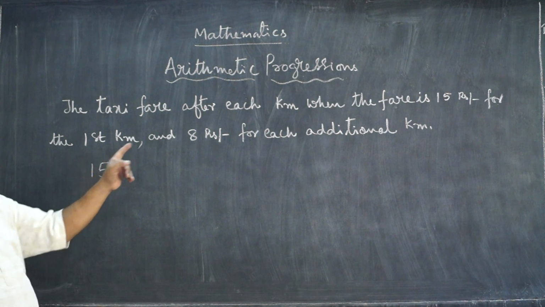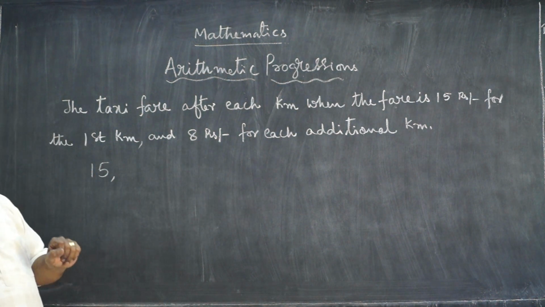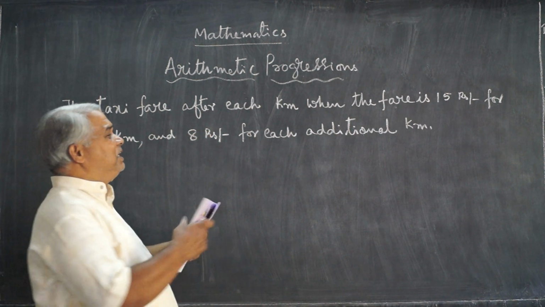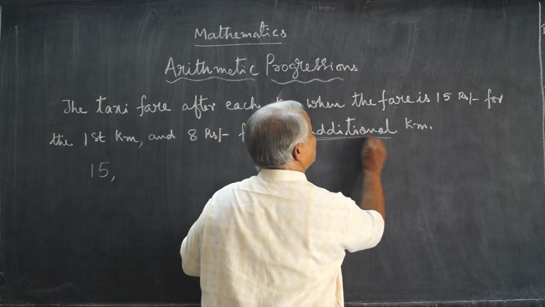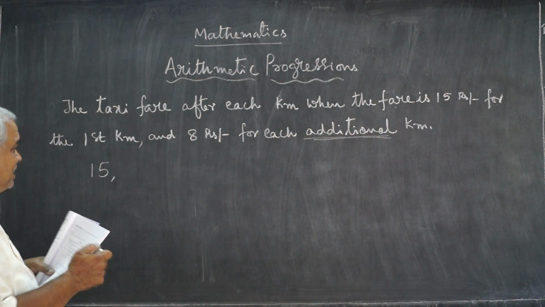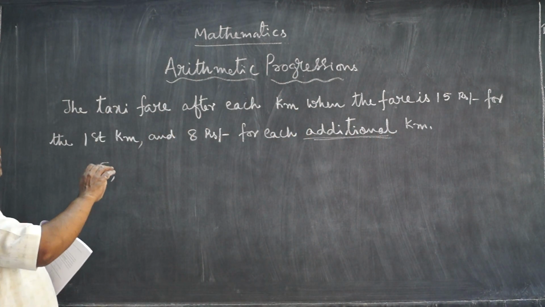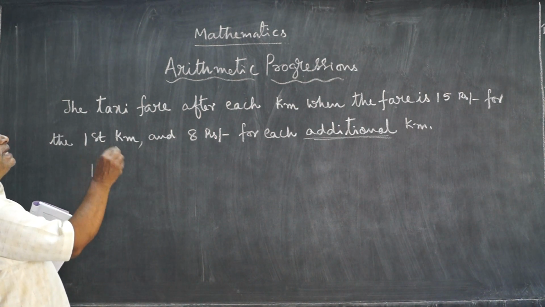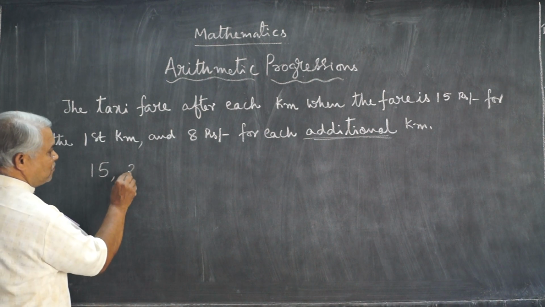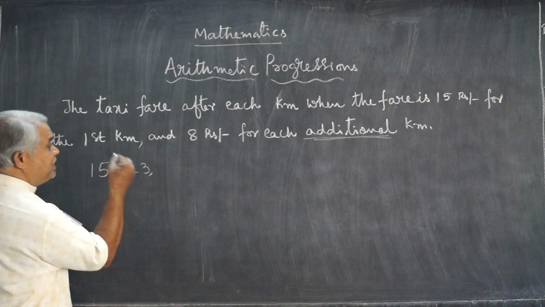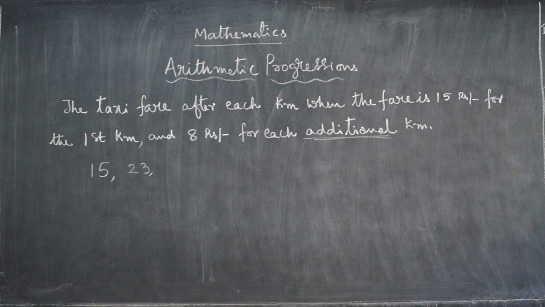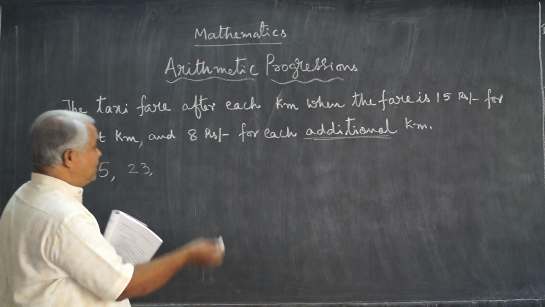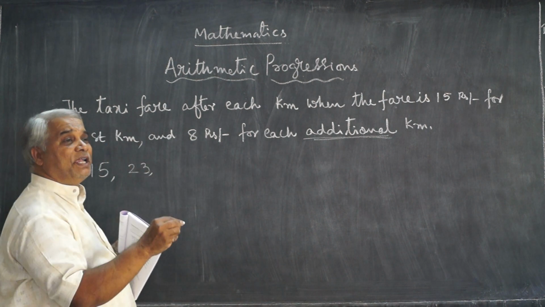Now you travel another 1 kilometer. You need not pay 15 rupees again. They have given 8 rupees for each additional kilometer. That means for the second kilometer, 15 plus 8, 23 rupees. Again, another kilometer, 23 plus 8. How much?